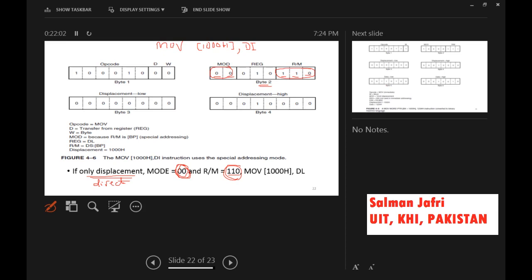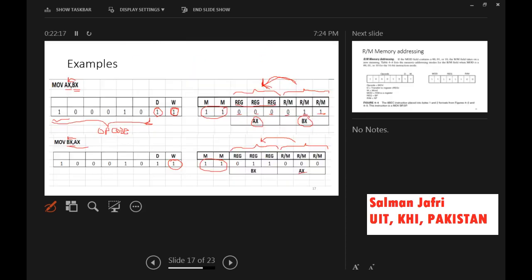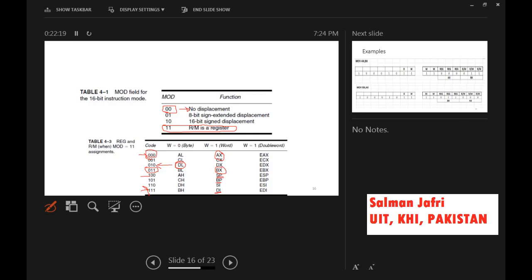Now what should be in the REG field of byte 2? It should be the register code for DI, without brackets. Remember, the register code for DI is 111.